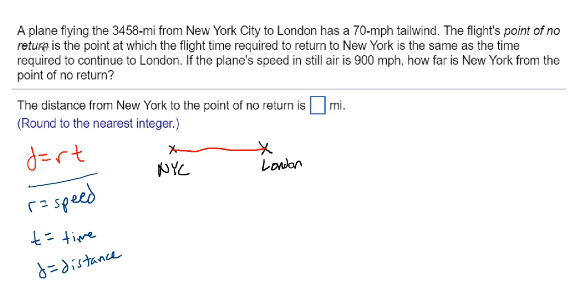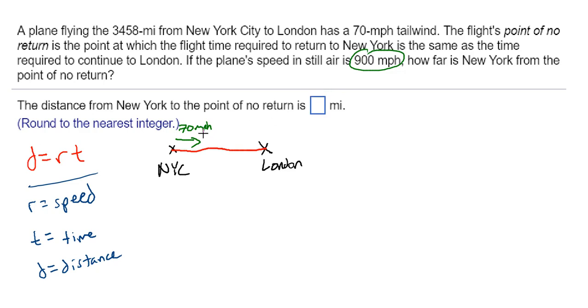So we have this plane, and we have the wind. Let's go ahead and mark the wind here. The wind is blowing in this direction at 70 miles per hour. The plane has its own speed, right? The plane is able to travel at a certain speed on its own. In fact, it tells us right here, the plane's speed in still air is 900 miles per hour.